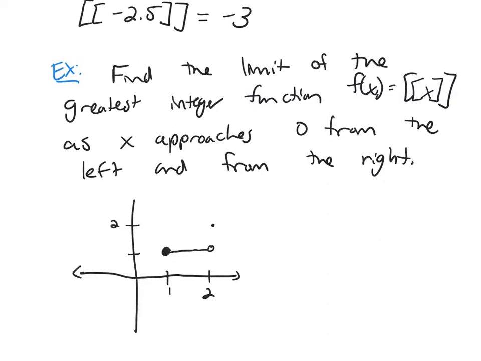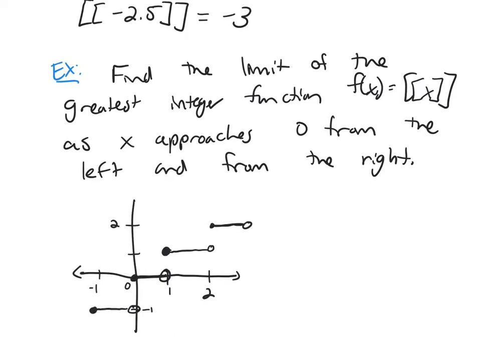If I take the numbers between 0 and 1, they would round down to 0. And 0 would remain the same. So you're getting this kind of step-looking function here, made up of all these pieces that look the same. Let me do one more piece. Between 0 and negative 1, it would round down to negative 1.